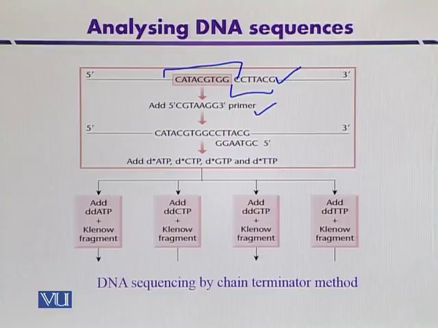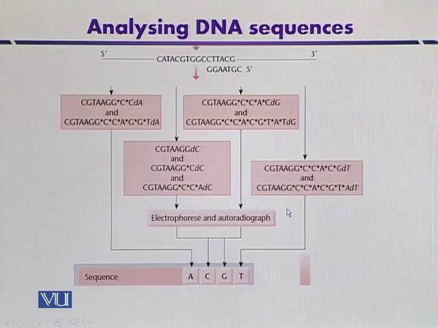When the primer is added, the 4 different reaction mixtures are carried out, for adenine, cytosine, guanine or thymine. All 4 dNTPs and their respective dideoxynucleotides are added. This amplification is performed in the presence of the Klenow fragment.